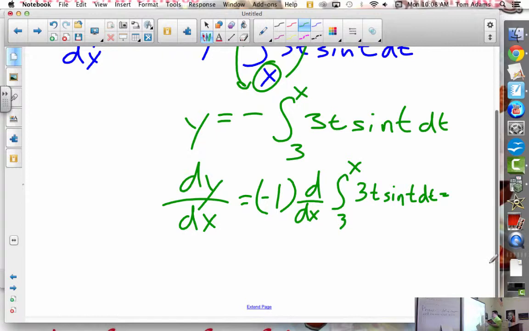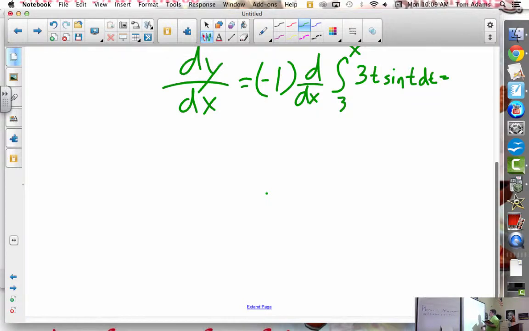In the next line, the -1 stays in the front, and then I'm going to change that. Now that is really just x sine of x, times the derivative of x, which is 1.